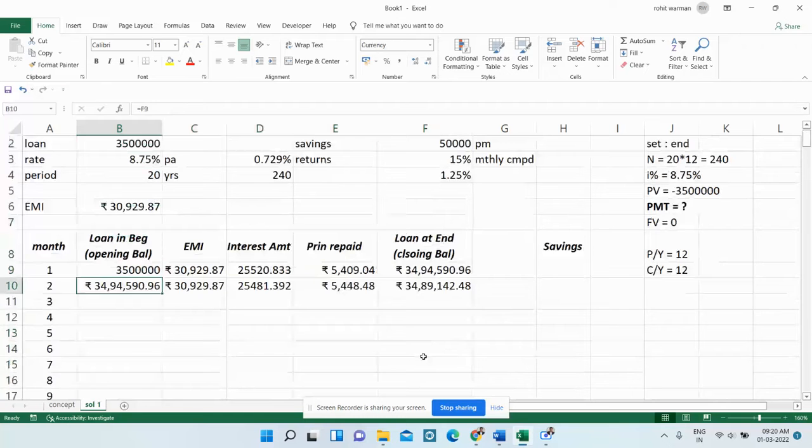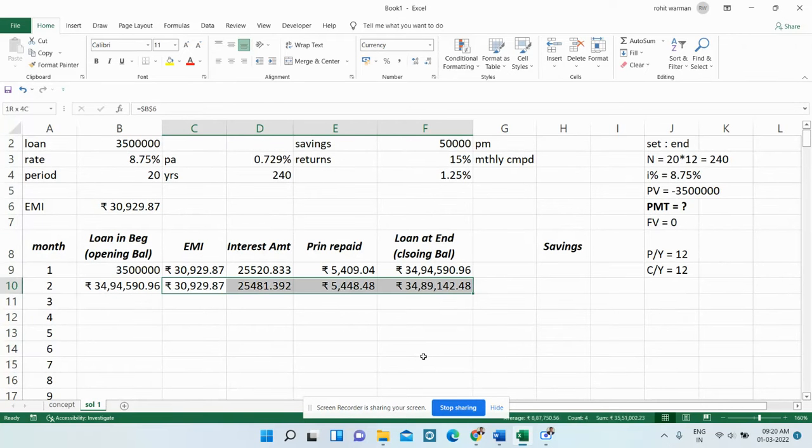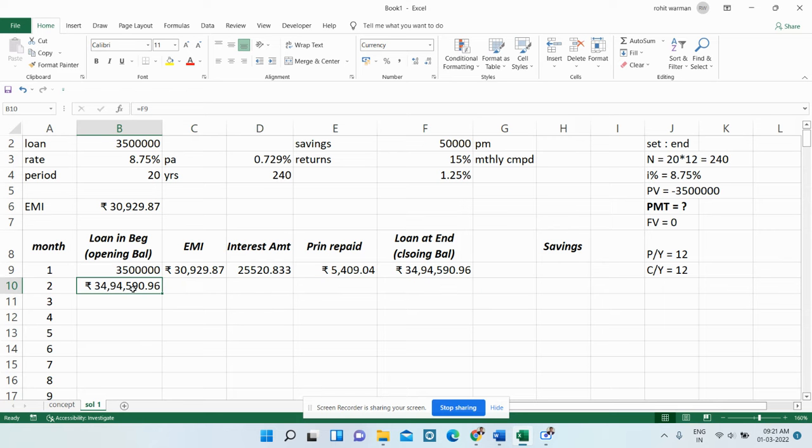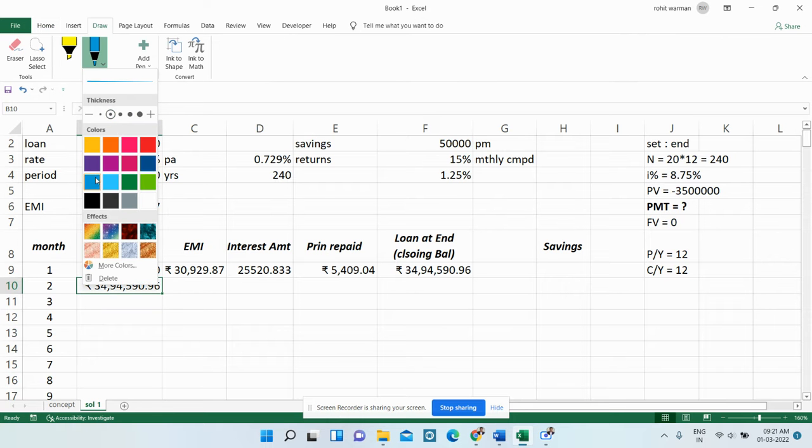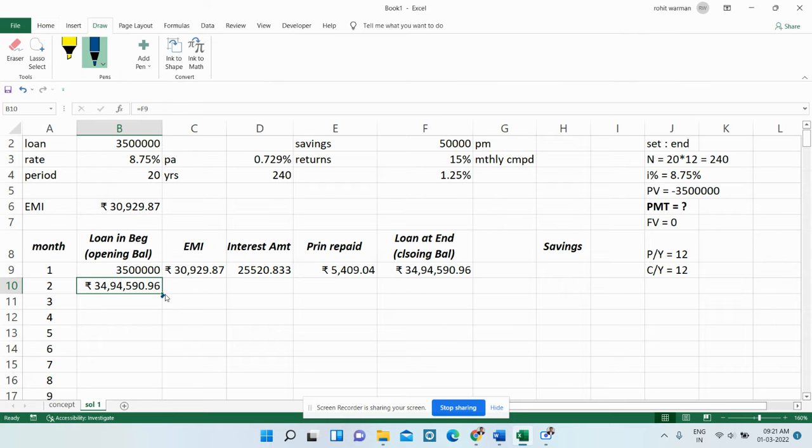So the thing is, see, you are here, right? You have done till here, right? Correct. Now you can see this dot. This is known as the fill handle. You can see a square dot, right?